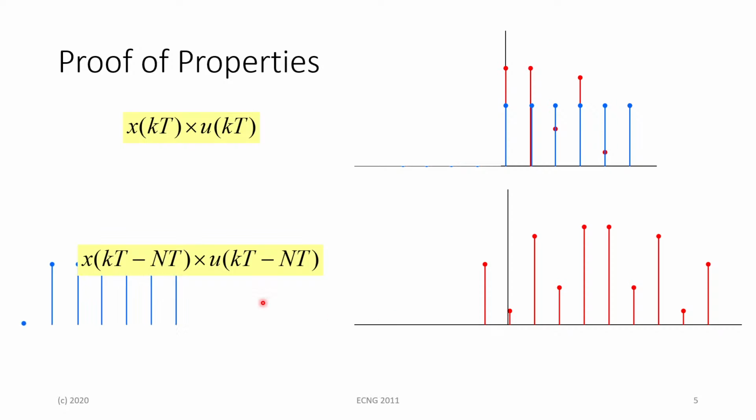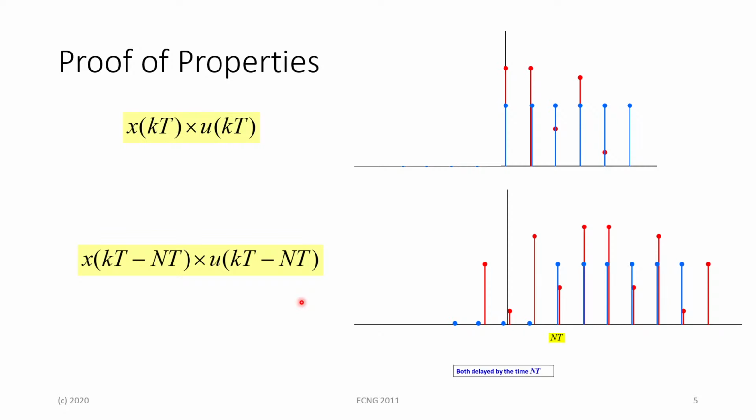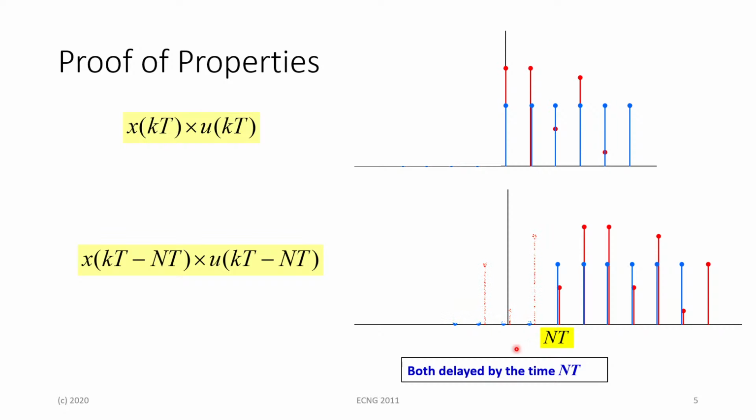Similarly, when we have our u of kt minus nt here, that's also a similar shift to the one we just had with the nt factor. As such, when we multiply the two signals, and both of them are delayed by the same factor nt, it's as if we just took this original signal here and shifted its contents by nt itself.